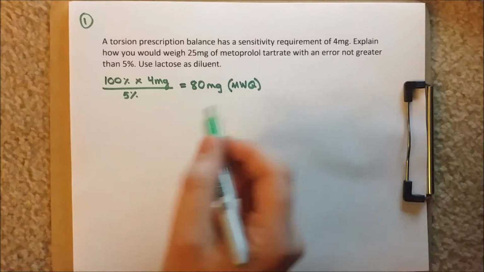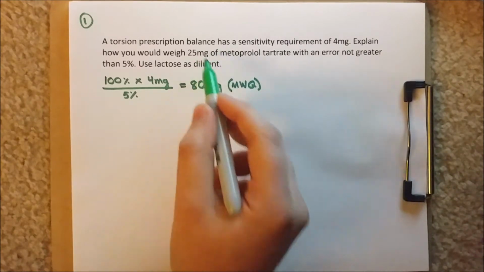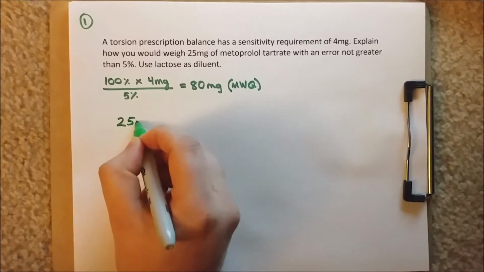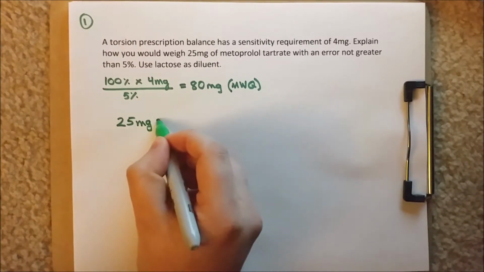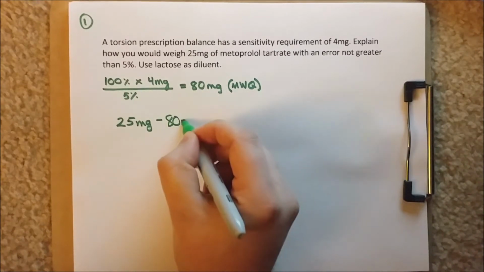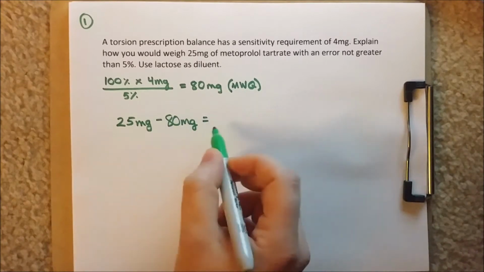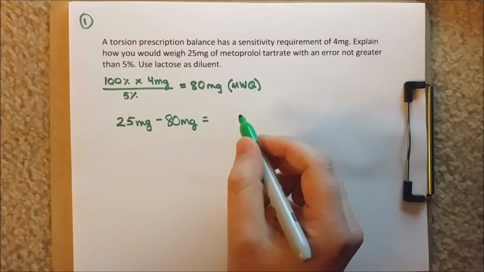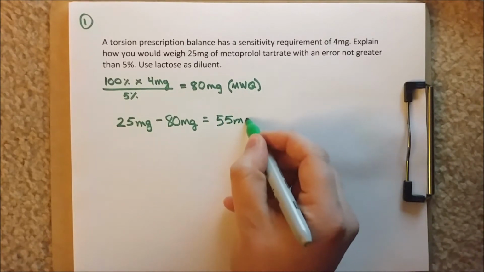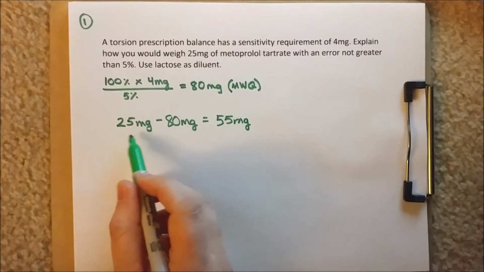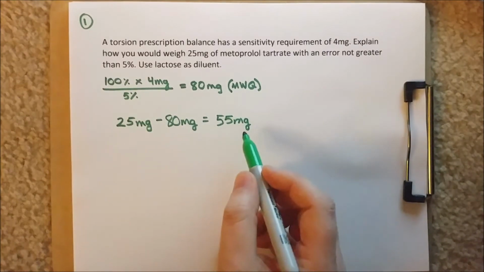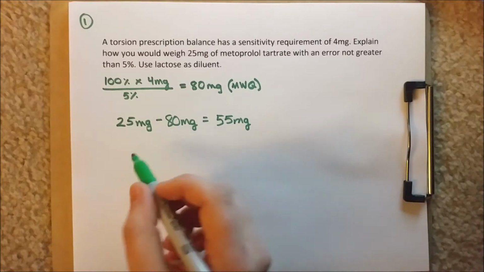The way I do it is I take the amount we need. Now you can consider this the absolute value of it, which is 25 milligrams, minus our minimum weighable quantity, which is 80 milligrams. So the absolute value of that is 55. Okay, so this is the amount of drug, and this will be the amount of diluent we need in it. But we need to calculate our aliquot.